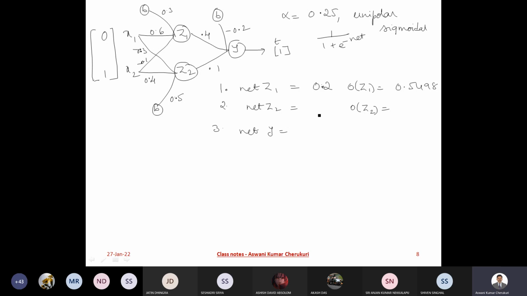It is 0.9. And OZ2 would be around 0.7109. Is it not?